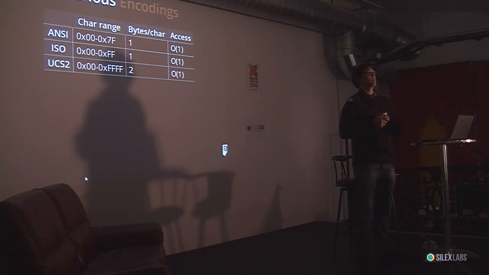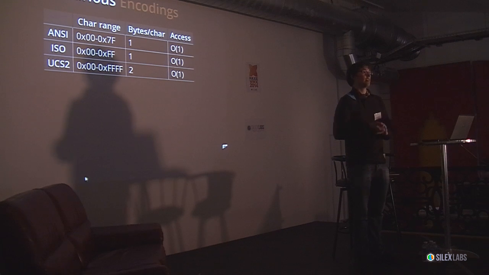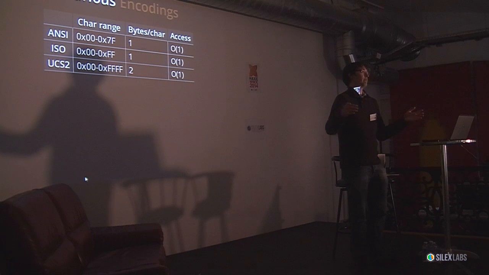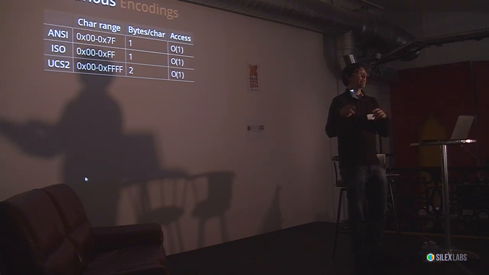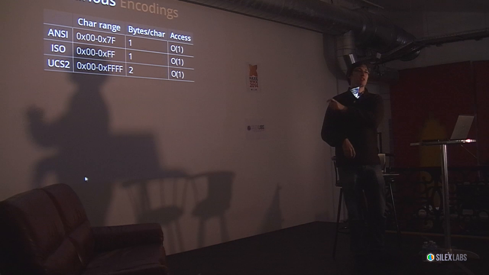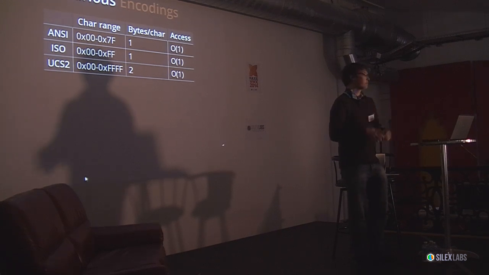The drawback of UCS2 is that if you want to store ASCII, for instance a big text, it takes twice the memory. And if you store it in a file, it's not really readable by most text editors because you will get 1 ASCII char and 1 zero, 1 ASCII char and 1 zero, because it takes 2 bytes.